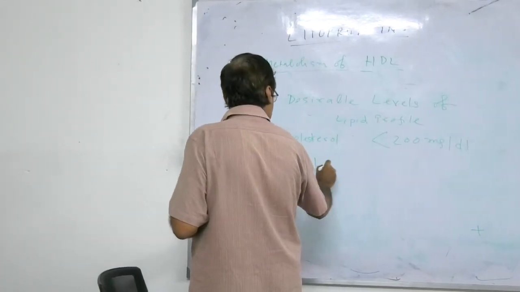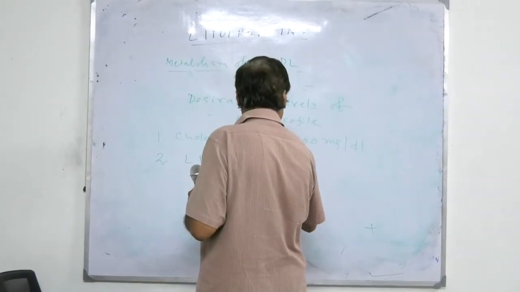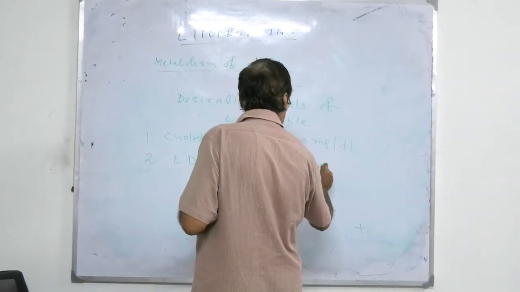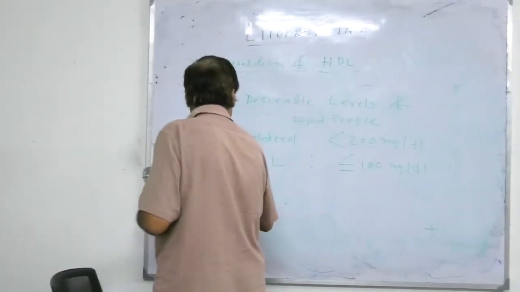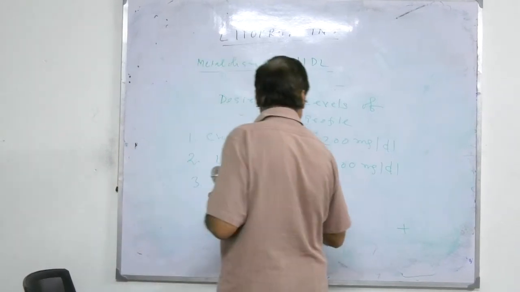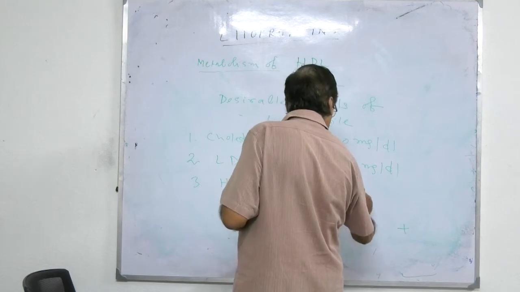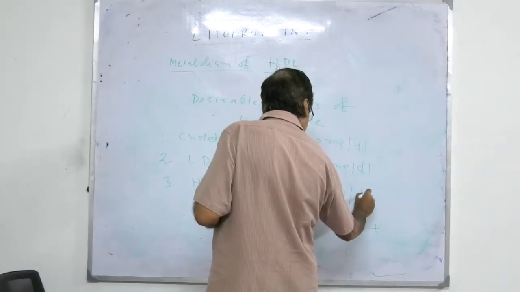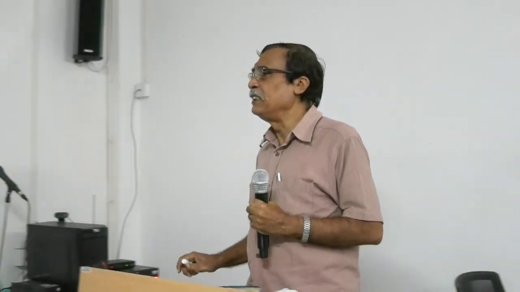LDL should be 100 milligram per DL. HDL should be, এখানে কিন্তু minimum 40 milligram per DL to prevent coronary artery disease.